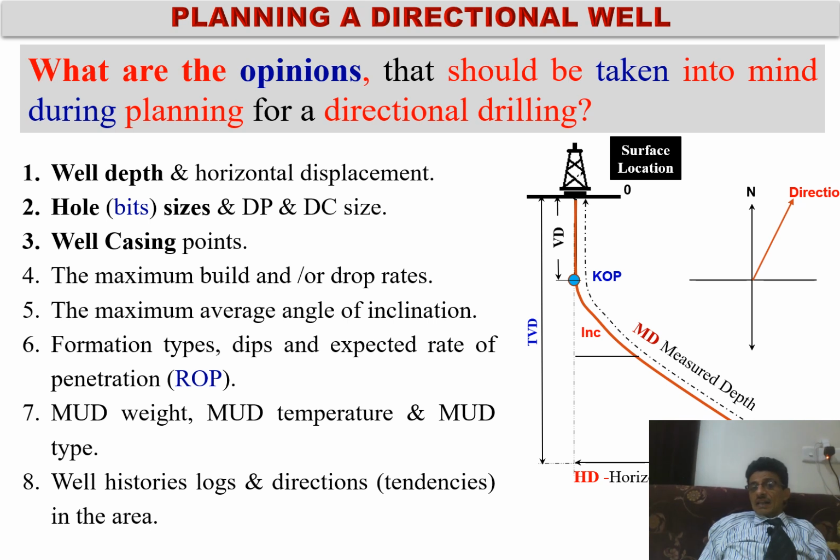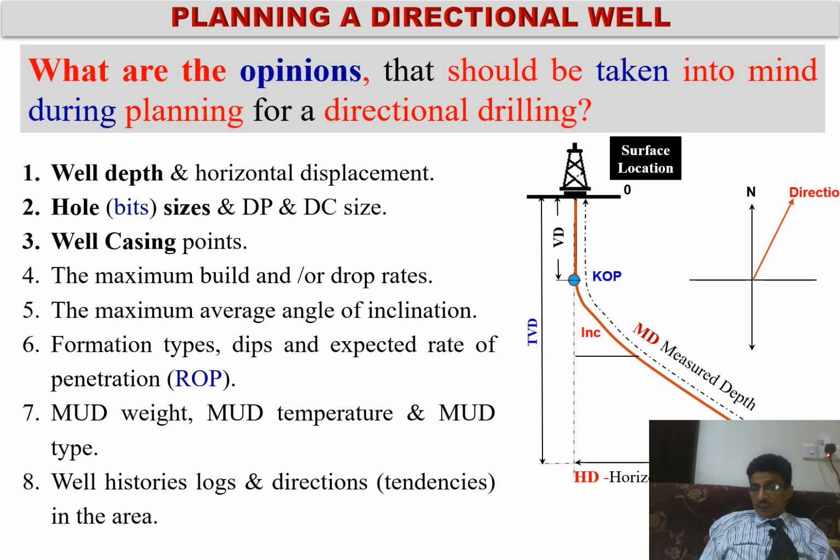Planning a directional well. What are the options that should be taken into mind during planning for a directional well? We should be clever when we are thinking. Well depth: we should know the well depth of our target. Horizontal displacement from the vertical side.